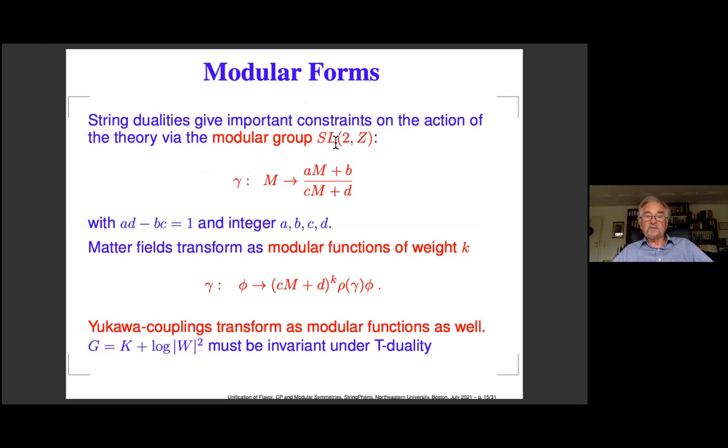So when we have the modular group SL2Z, it transforms a modulus in this way, where AD minus BC equals 1 with integers.